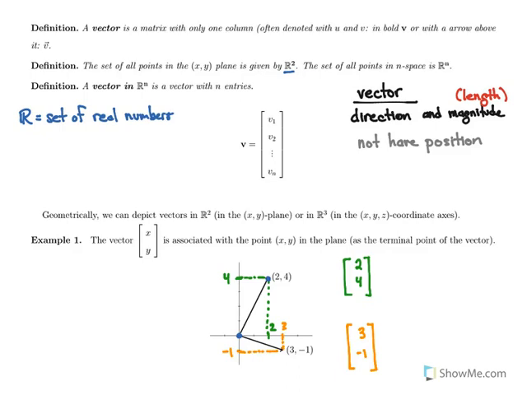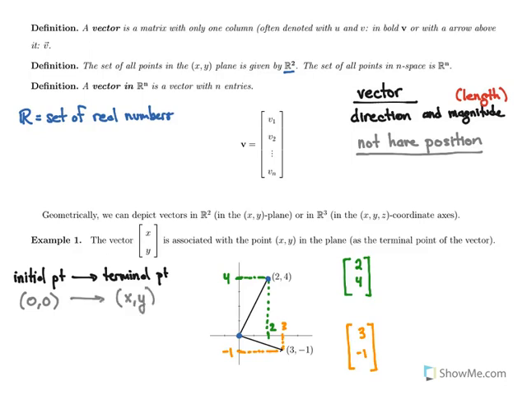When we're thinking about a vector, it's going to start with an initial point and it's going to go to a terminal point. Since a vector does not have position, we can start that initial point wherever I want. So we're commonly going to start that at 0, 0, because that's the nicest point to start with, and then the terminal point would just be the coordinates of the matrix, the x, y.